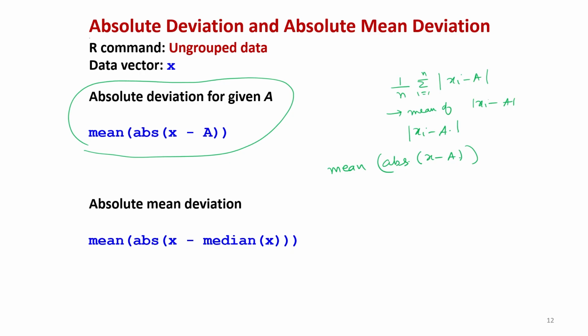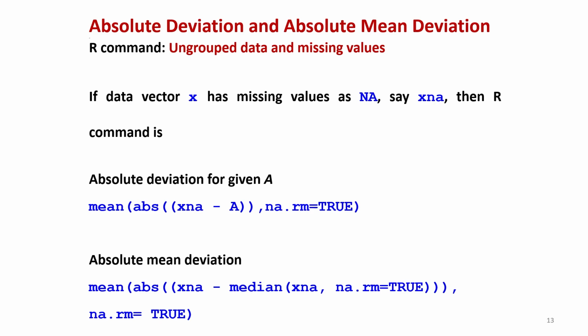And in case I want to compute the absolute mean deviation, then I know in case of ungrouped data, I can very easily compute the median by using the command median of x. So I replace a by median of x, and my absolute mean deviation can be computed by mean of abs of x minus median of x, right? You have to be careful when you consider the group data, as then the median has to be calculated separately.